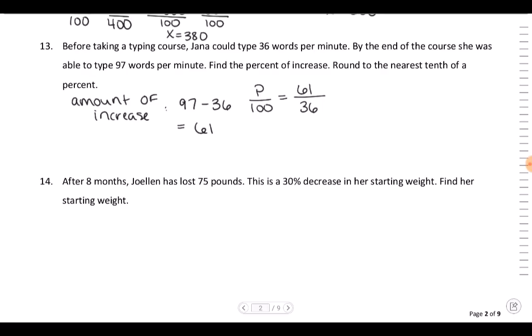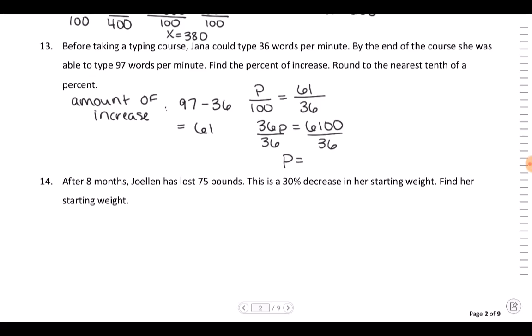And then you can calculate the percent increase from here. So if you cross multiply, you get 36P equals 6,100. And then when I divide by 36 on both sides, then I get P equals, let me see here. So I need to just find my calculator really quick.